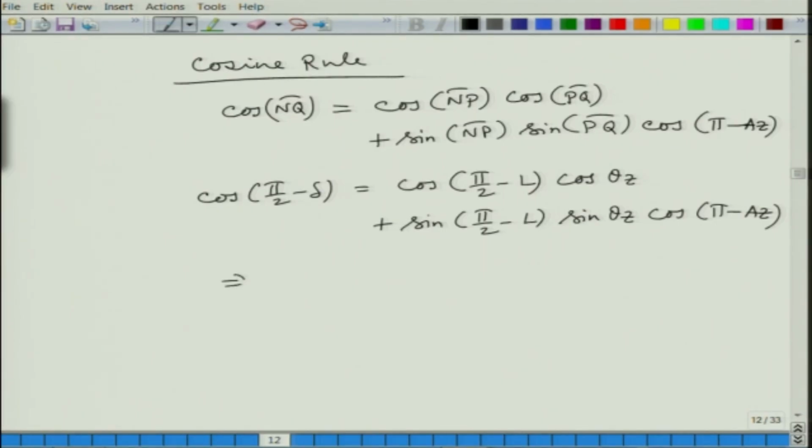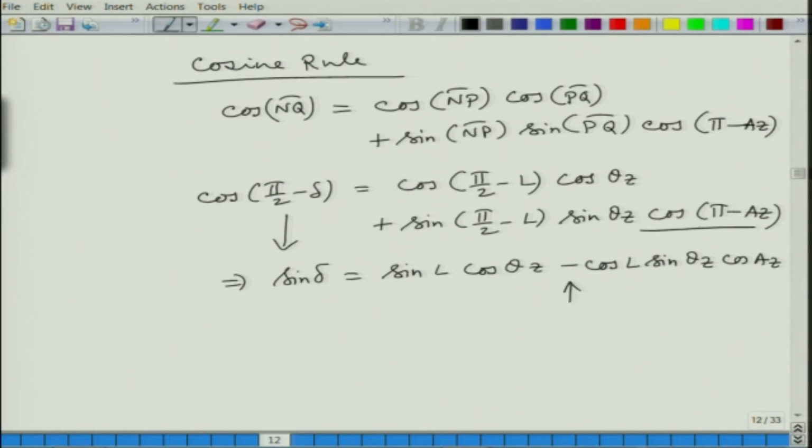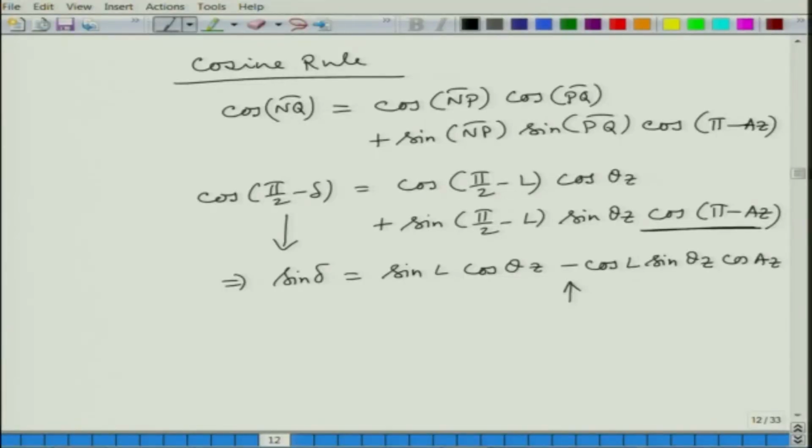Okay. From here this is nothing but sine of delta, right. Cos theta is equal to sine of pi by 2 minus theta. So, that way we can write cos L sine theta z cos Az. This minus sign is coming because of this term. Cos of pi minus Az is nothing but minus cos Az, and that is why we are getting this.